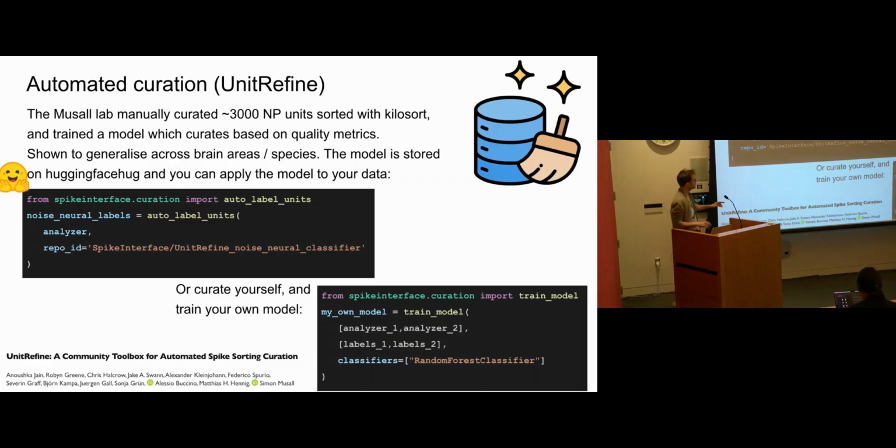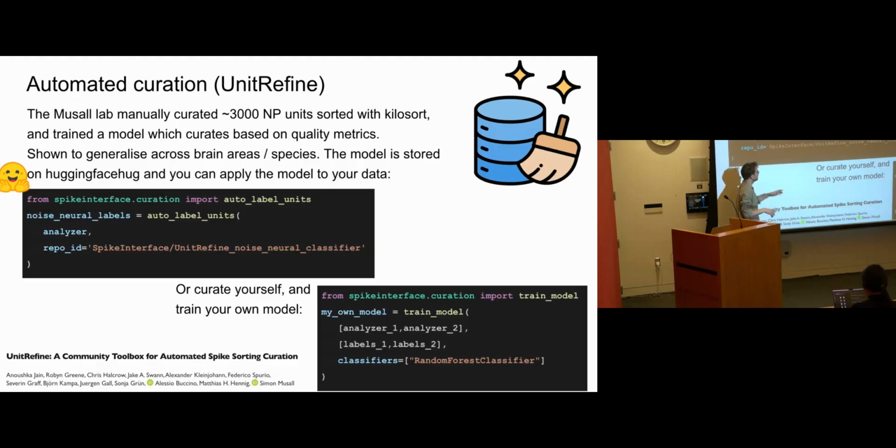Or there is a recent paper where some people from the Musall lab curated about 3,000 Neuropixels 2 units into noise, SUA, or MUA, and then trained a model based on this curation. And you can just try out that model on your analyzer.